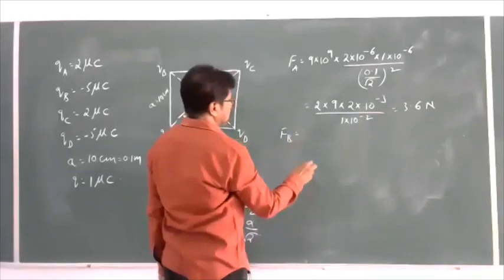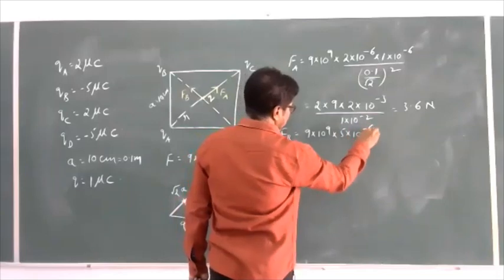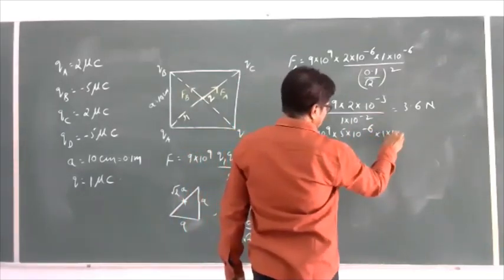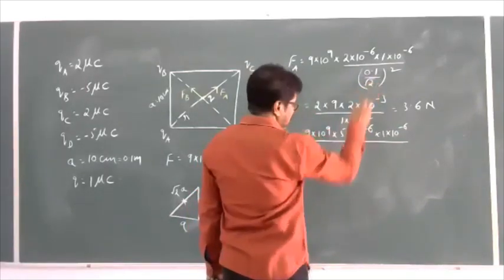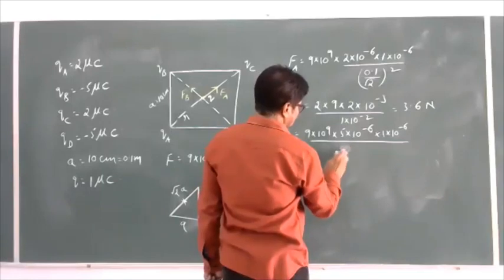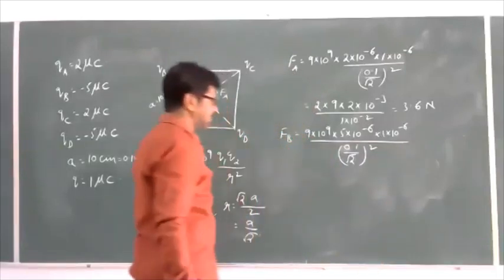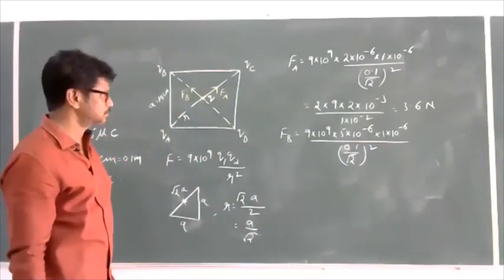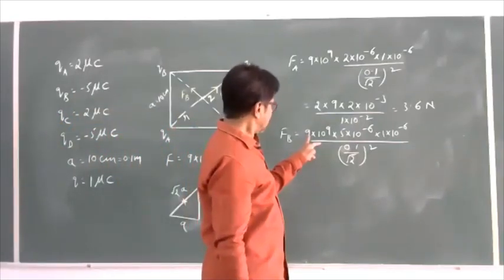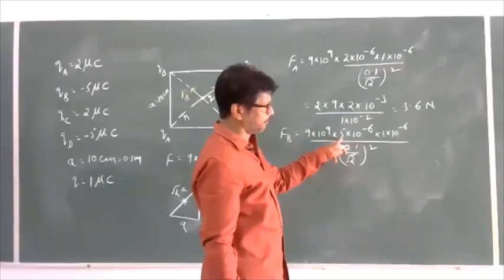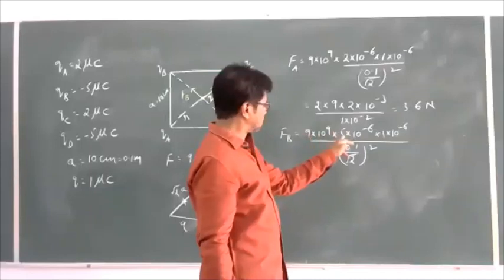FB is equal to 9 into 10 to the power of 9, 5 into 10 to the power of minus 6, 1 into 10 to the power of minus 6 divided by 0.1 by root 2 whole square. 9 into 5 is 45, and 45 twos are 90.